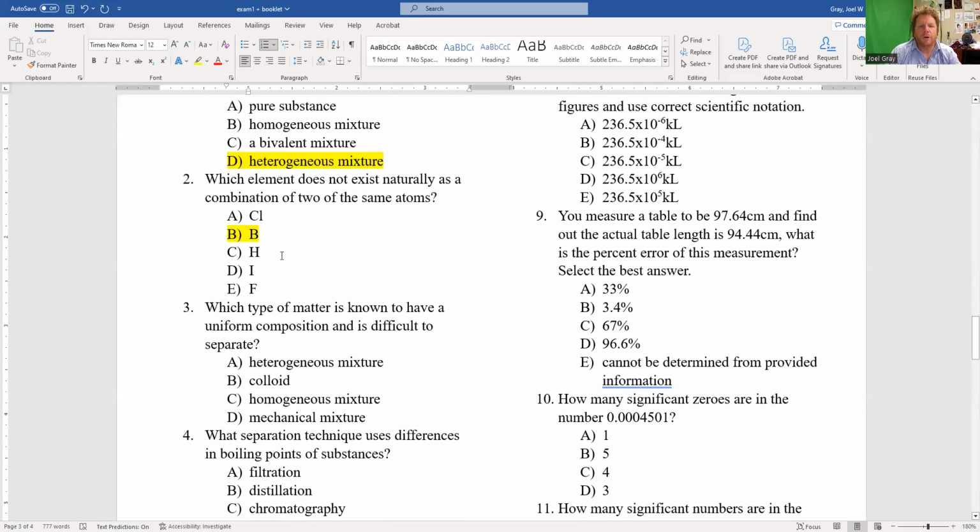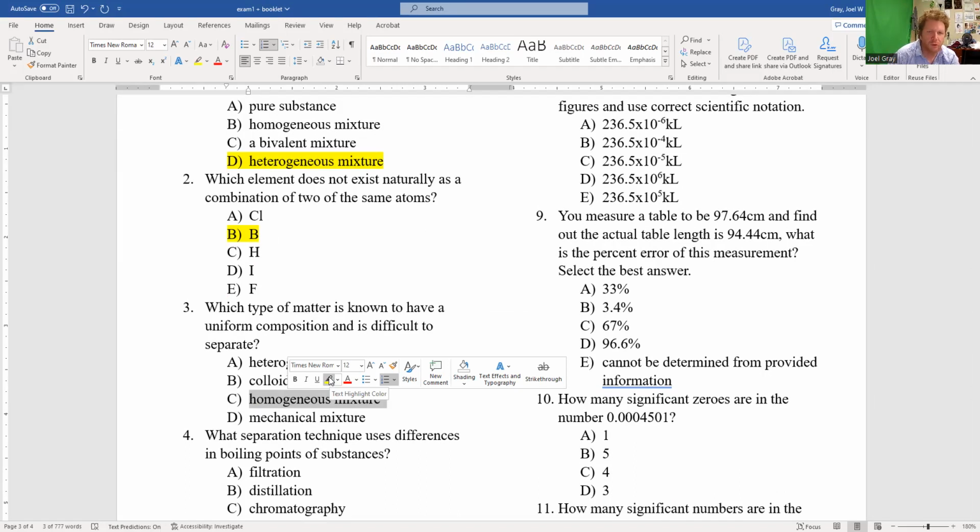Number three, which type of matter is known to have a uniform composition and is difficult to separate? Okay, so a uniform composition and is difficult to separate components. So uniform composition means that every part of it is the exact same. And that is a completely perfect representation of a homogeneous mixture.